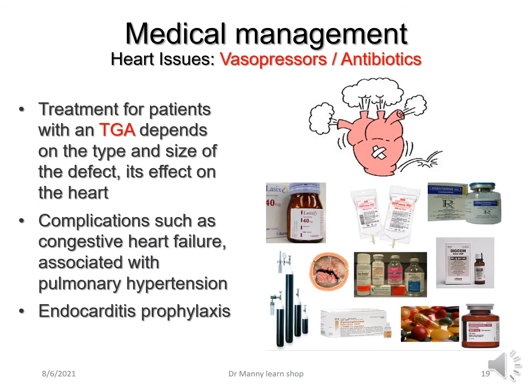What's the medical management for transposition of the great arteries? Well, similar to others, it depends, however, on the type, the size of the defect and its effect on the heart. And complications can be congestive heart failure with pulmonary hypertension, and endocarditis can occur as well, which requires prophylaxis. So vasopressors and antibiotics are typically indicated.